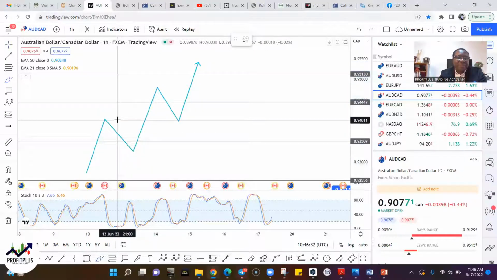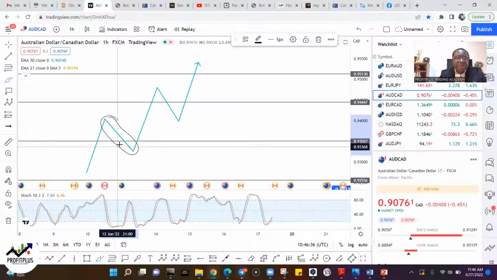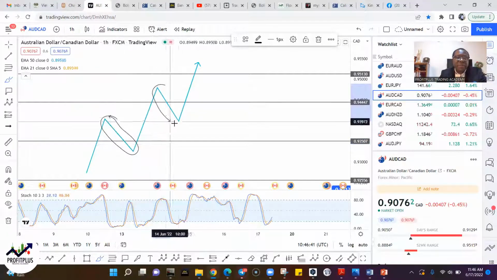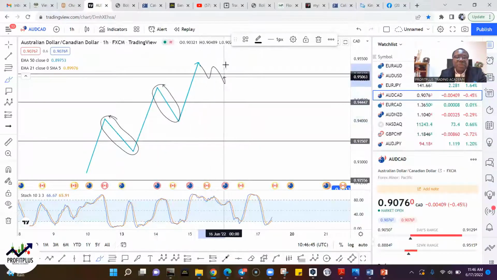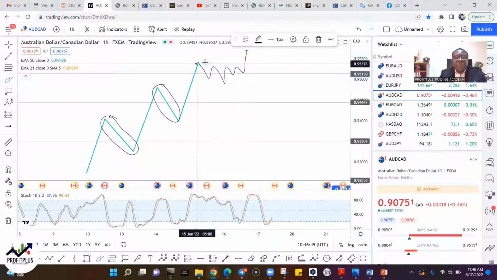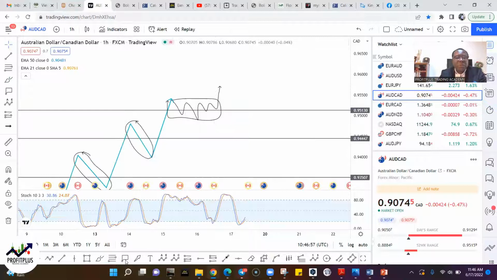If you are trading chart patterns as your strategy, around here this is a corrective structure, a corrective wave there. Around here you can also find another corrective structure, maybe in the form of a rectangle. No matter which of them shows up in the market, one can form and give you the shape of a triangle.